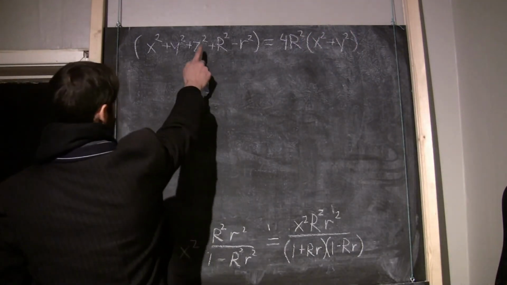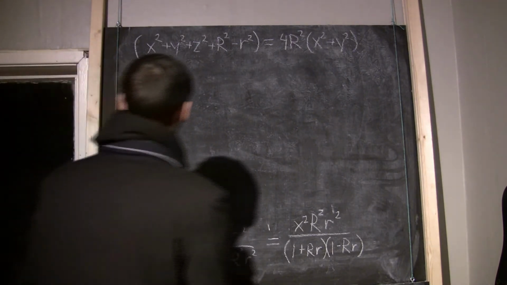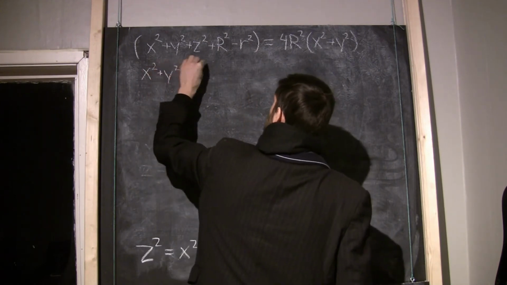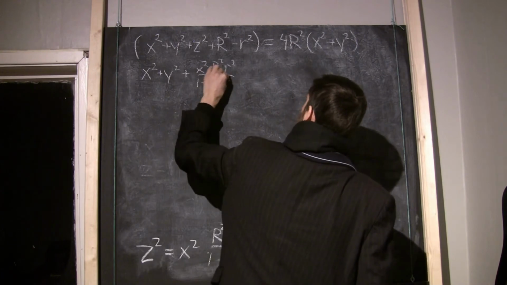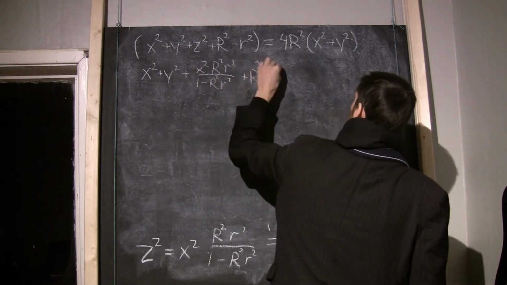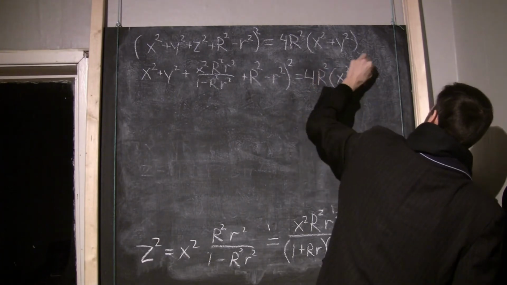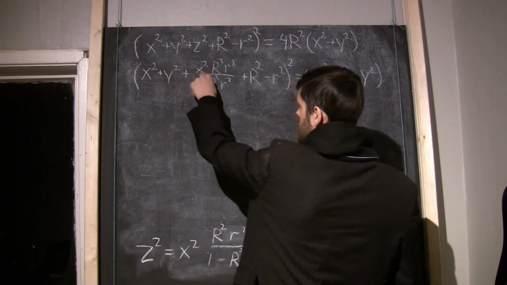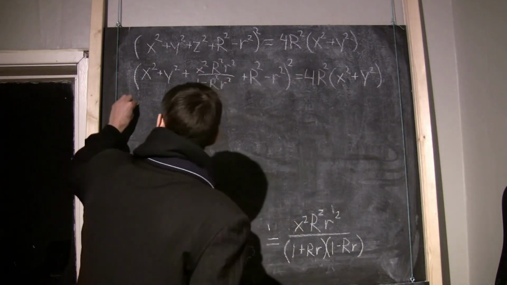We will substitute z squared for this thing, so we get, notice that we have an x squared and an x squared over here, so we're going to rewrite this.